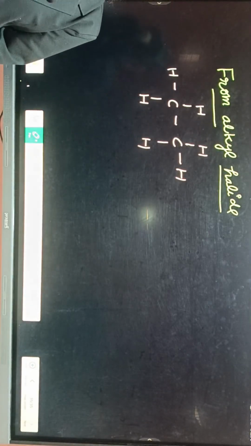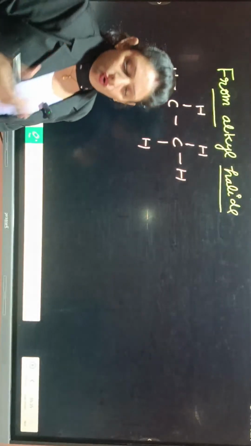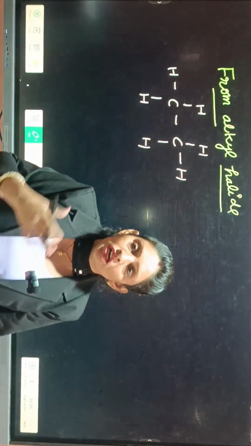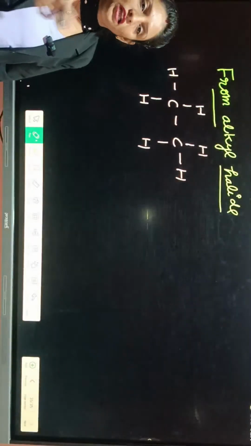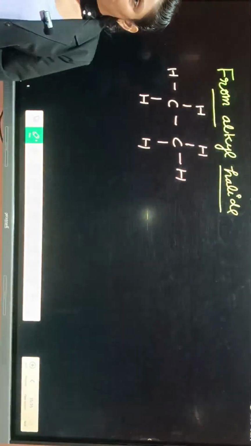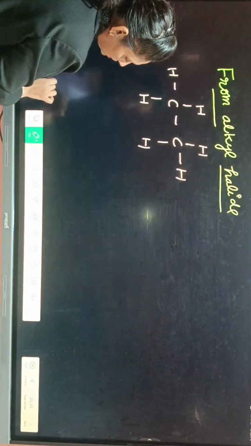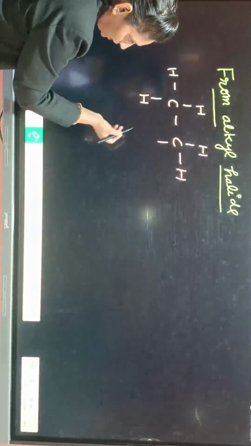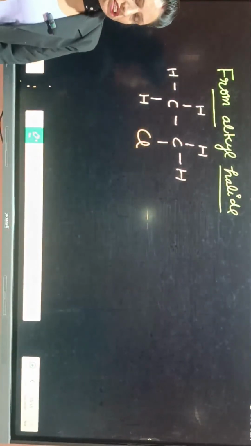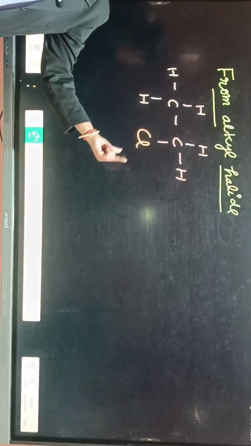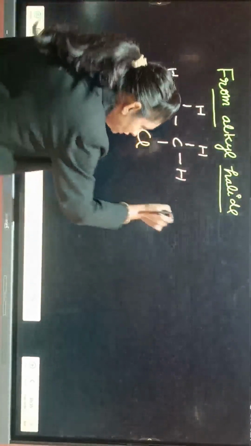If one or more hydrogens of an alkane are replaced by halogen, then they are known as haloalkane or alkyl halide. Alkyl halide is the common name. Let us consider I am replacing this hydrogen by chlorine. So this is chloroethane, or the common name is ethyl chloride.